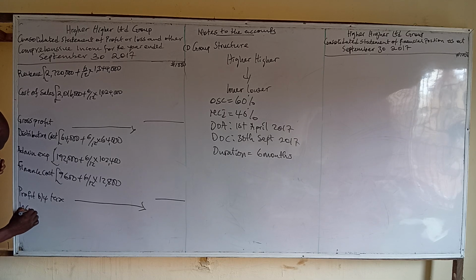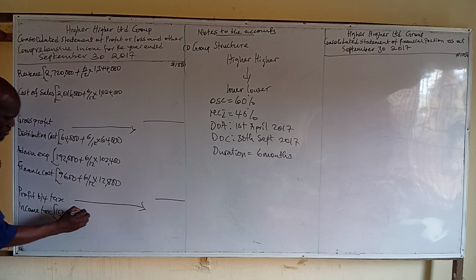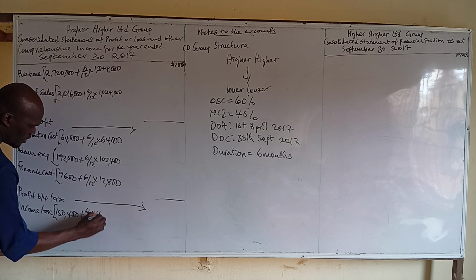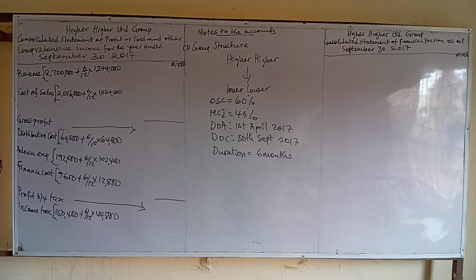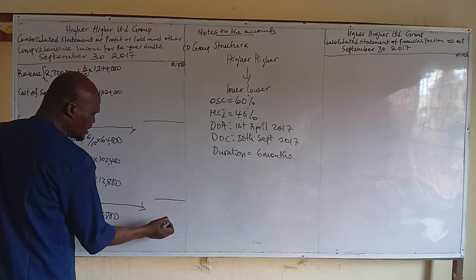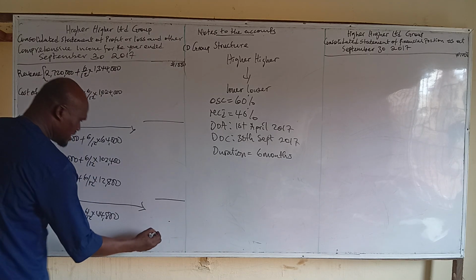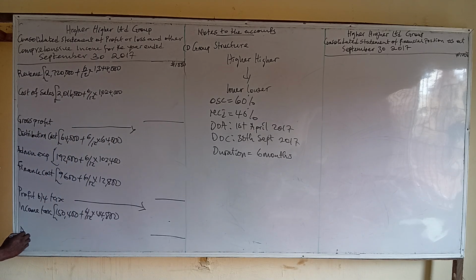Next, income tax. Are we given income tax? Yes. Open a bracket. Parent company income tax is 150,400, plus 6 over 12 times 44,800 for the subsidiary. We don't know the adjustment yet. We have not done that, so we'll come back to it. Whatever answer we have here, we deduct from the profit before tax to arrive at profit for the year.